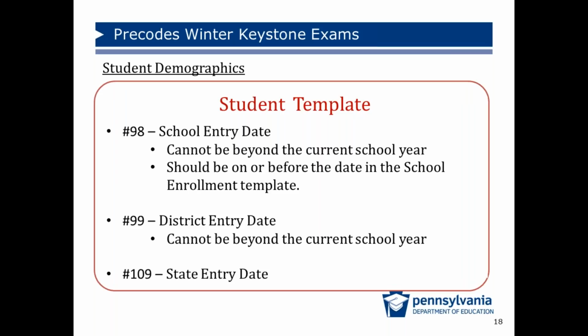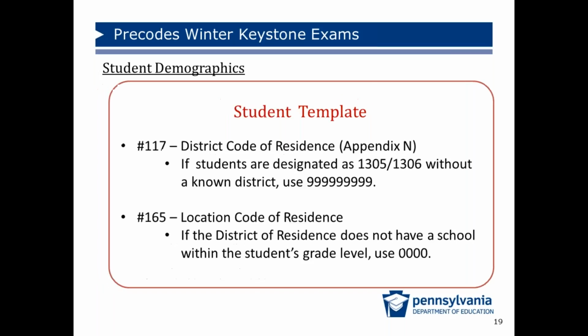School entry date cannot be beyond the school year, and it should be on or before the date of the school enrollment template. District entry date can't be beyond the school year, and state entry date is whenever the student enters the state.